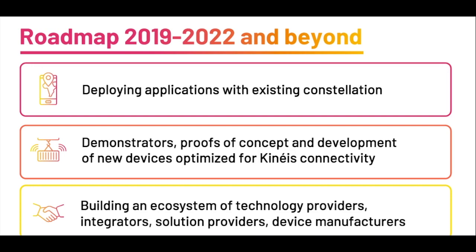All of this is also why we are here today: to start building an ecosystem around us with technology providers, integrators, solution providers. We hope we will build a strong community, and hopefully new applications and new usage of the satellite connectivity.